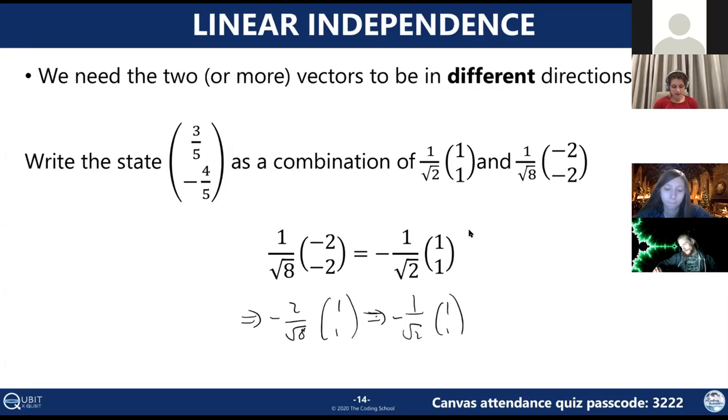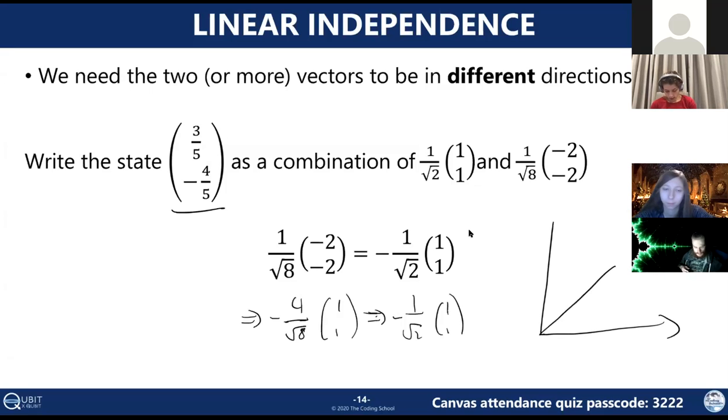It doesn't have to be this. You could have instead this could be 4/√8, and you still could not create this state with these 2 vectors, because these 2 vectors all point like this.